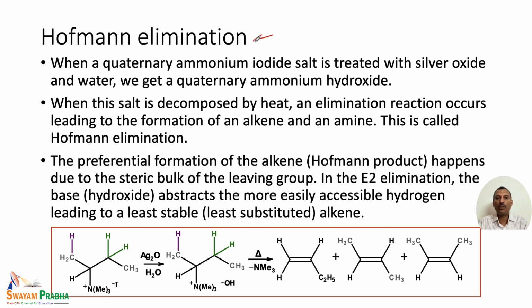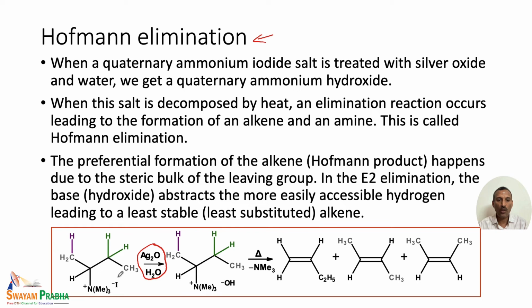The next one is the Hofmann elimination reaction. In this case, a quaternary ammonium iodide salt is treated with silver oxide and water. This leads to the formation of the ammonium hydroxide salt.